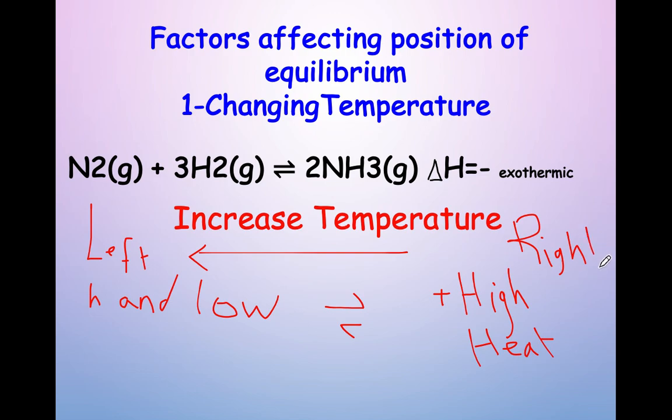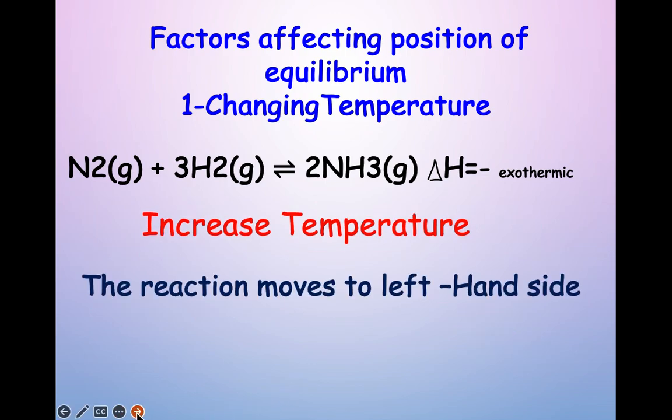So if we increase the temperature, the reaction will move to the left hand side. Why the left hand side? Because here is the low temperature, it is an exothermic reaction, as I told you, and here is the high temperature. Increasing will lead to the opposite; if we increase, it will lead to the low.